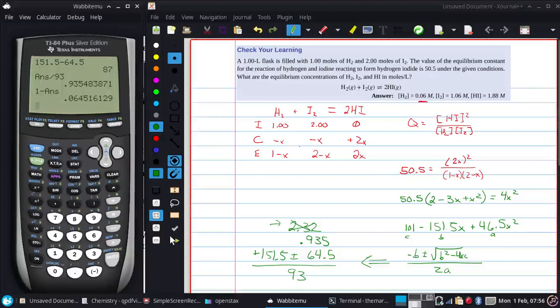But I imagine if we went back and instead checked this with 0.064, you'd get closer to that 50.5. Mathematically, what's happening is that it's taking us down to one significant figure, and losing all that accuracy is why the Q and the K don't match when you try to plug it in.